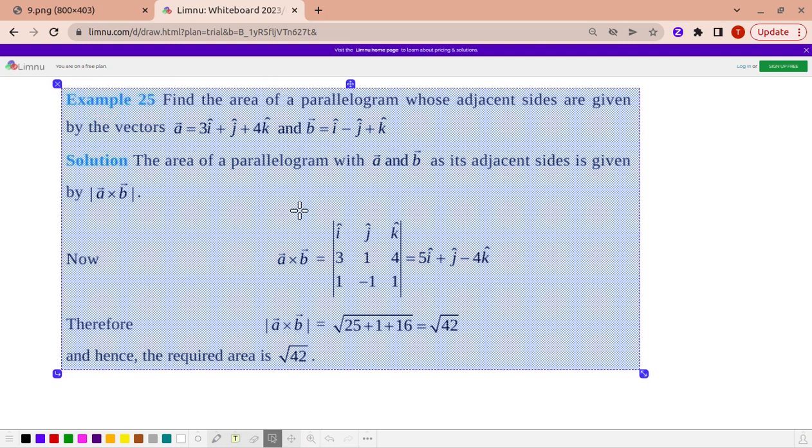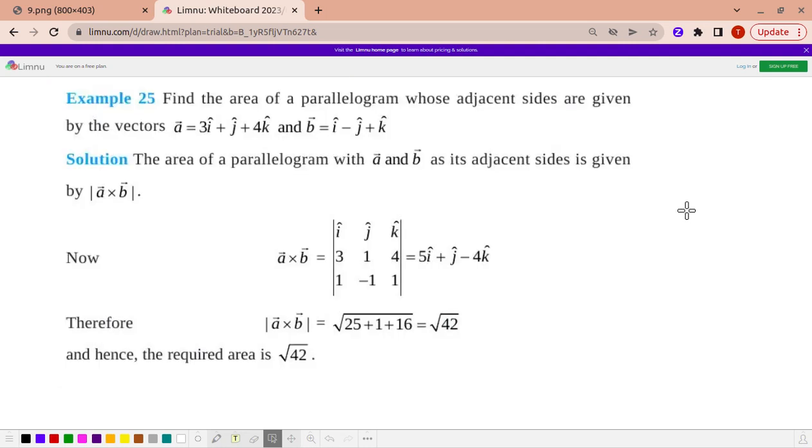The question is to find the area of the parallelogram whose adjacent sides are given by the vector A, 3 i cap plus j cap plus 4 k cap, and B, i cap minus j cap plus k cap. So the vectors are directly given, no vertices are given. If vertices are given, you can find the vectors the same way we did for the triangle case.